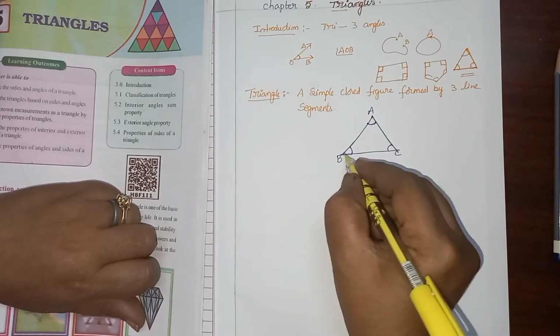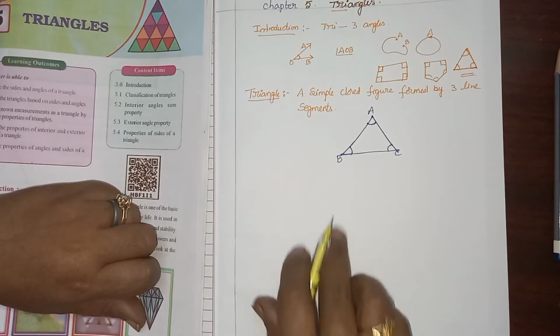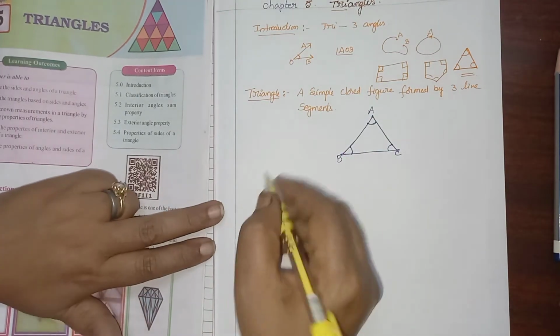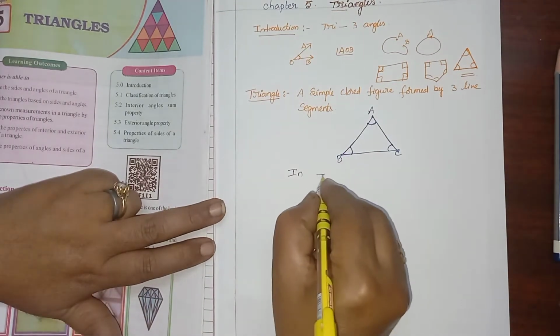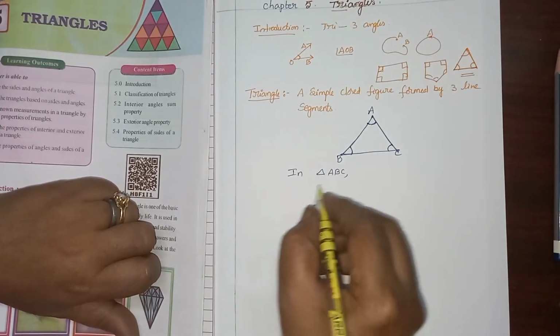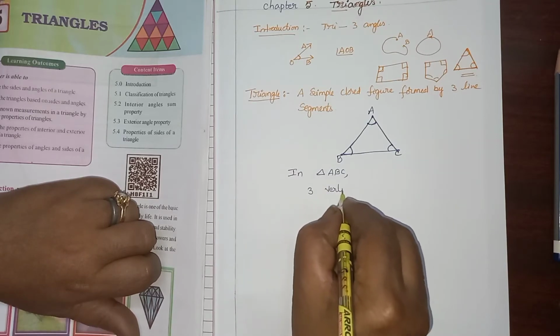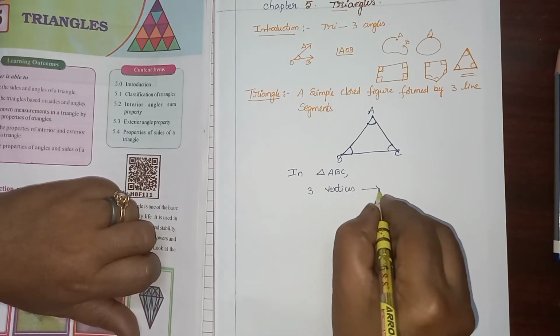The common points are called vertices. In triangle ABC, there are 3 vertices. What are the 3 vertices?